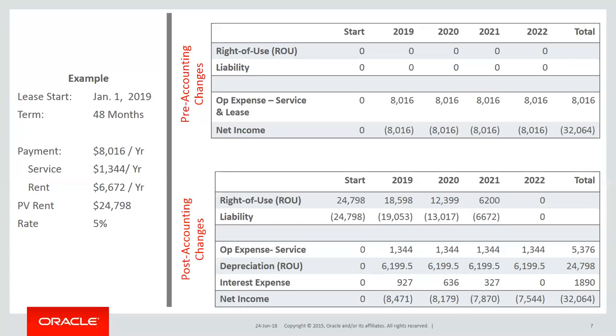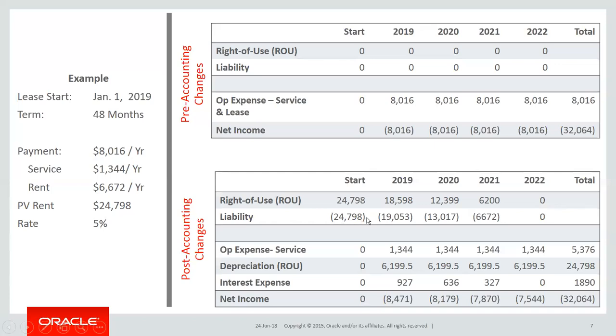So in this example, we started with a payment, or we started with a capitalized amount of asset for 24,798. With the amortization, every year, this amount keeps coming down until it becomes zero by the end of the lease. For the liability, again, it starts with 24,798.